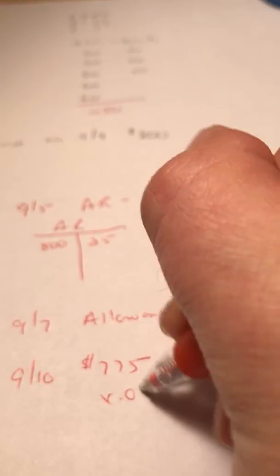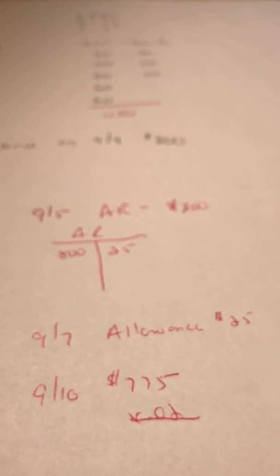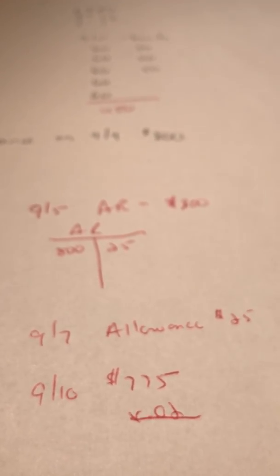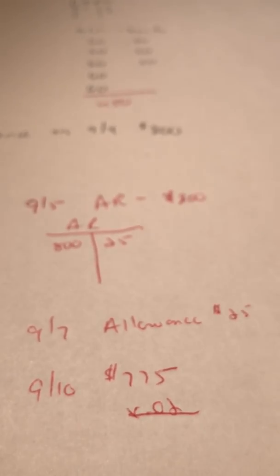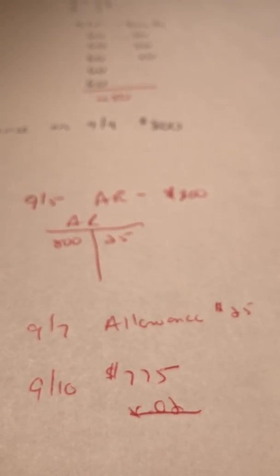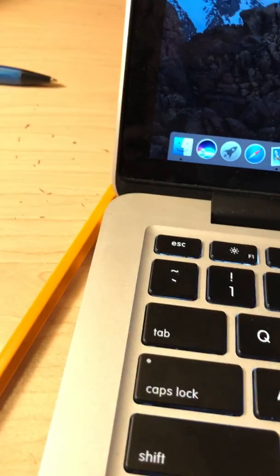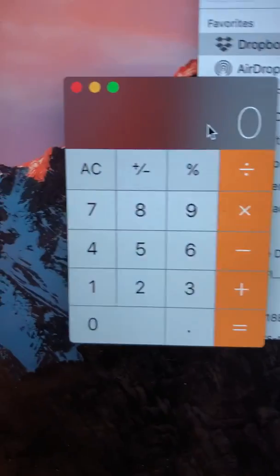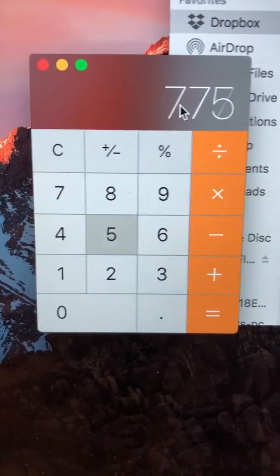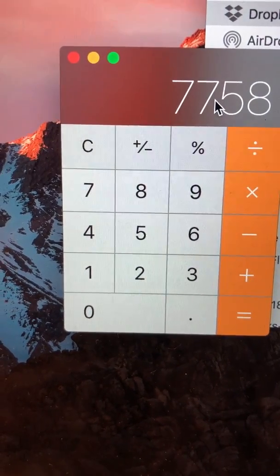times that by 0.02. Let's see if we can pull a calculator up real fast to get out how much that is. It should be $15, but let's just double check. It's going to be a little bit more. Let's see. 775 times 2%.